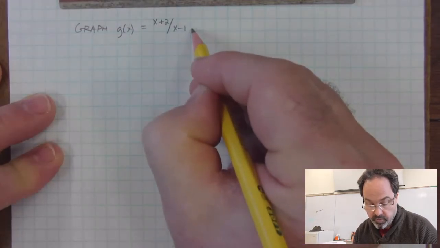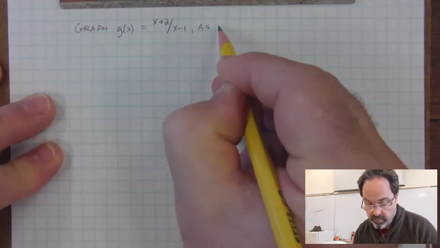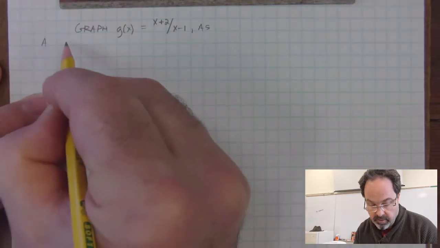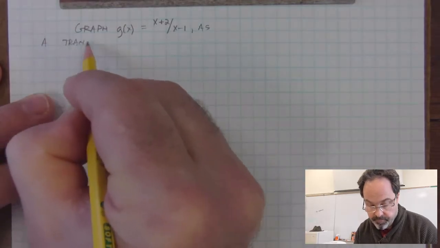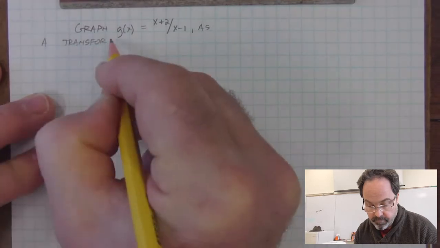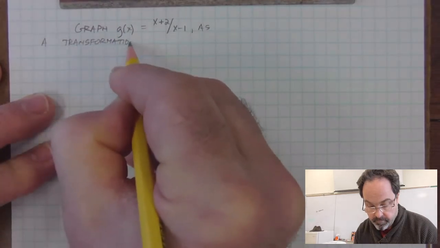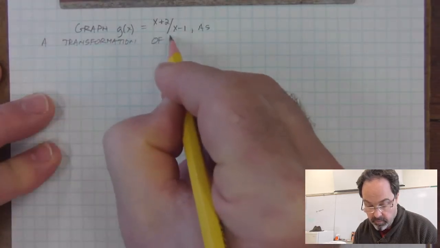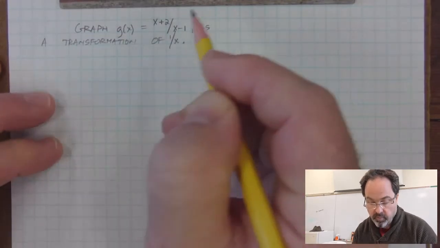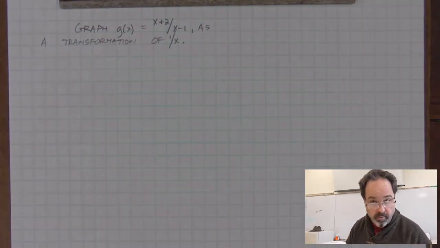And the manner in which we're going to graph it is as a transformation of 1 over x, which means we're not going to grab graphing software, punch in the keys, look at what we got and then sketch what's on the screen.